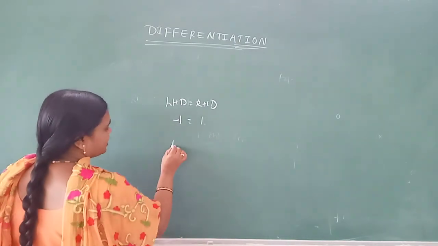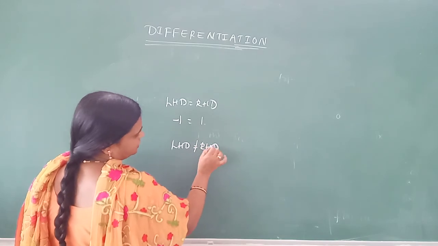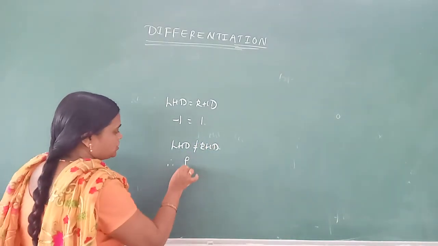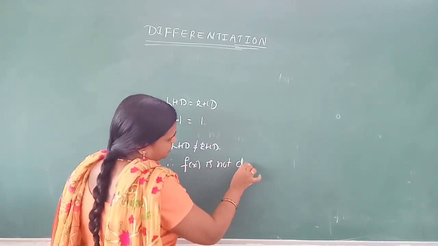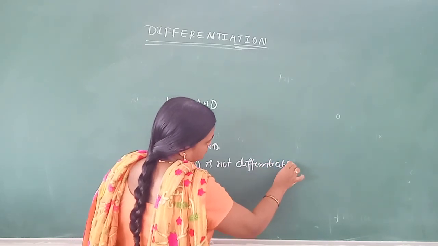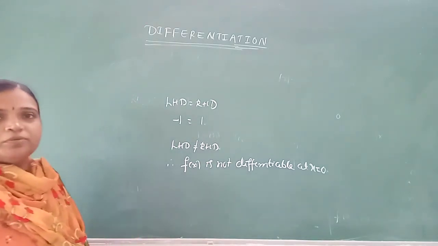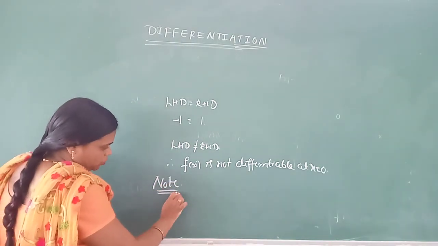Therefore, left hand derivative is not equal to right hand derivative. Therefore, the function f of x is not differentiable at x equal to 0.